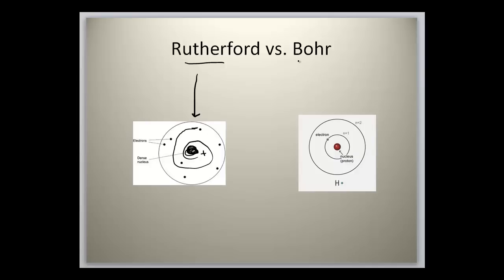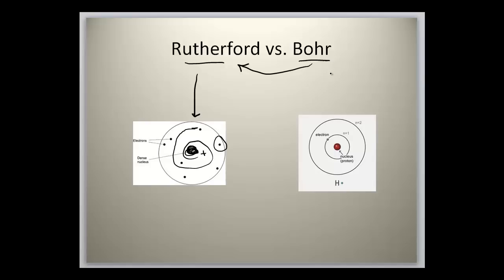Well, Bohr came along, and Bohr was actually a student of Rutherford's. Bohr solved the problem, and he started looking at the atom in terms of light. We'll talk about that more in a later vodcast, but basically what Bohr did was he took these electrons, and instead of just having them outside the nucleus randomly, these electrons are now assigned to what we call energy levels.